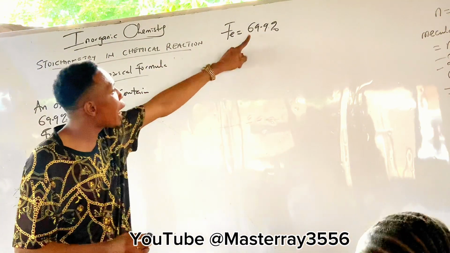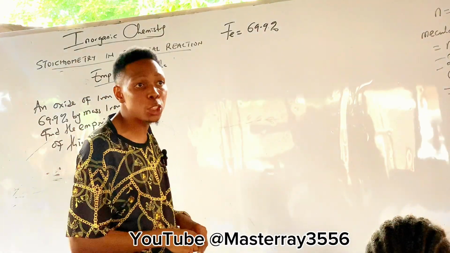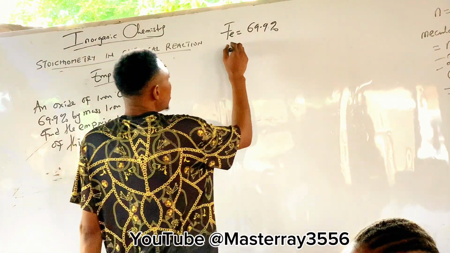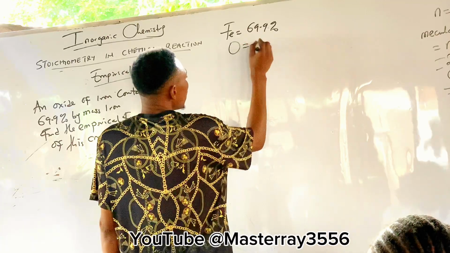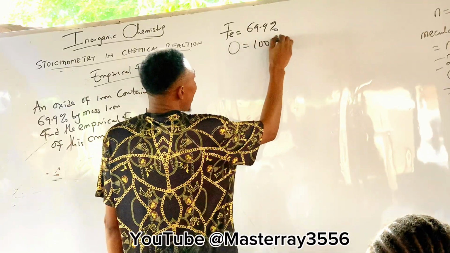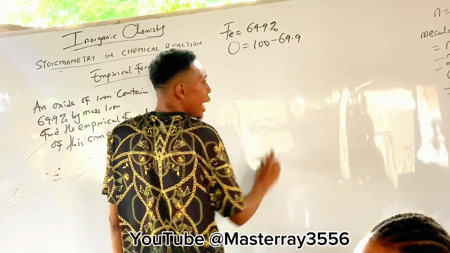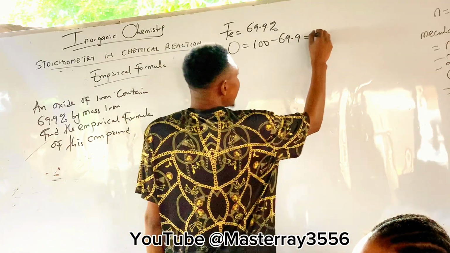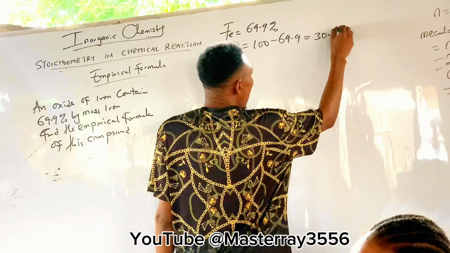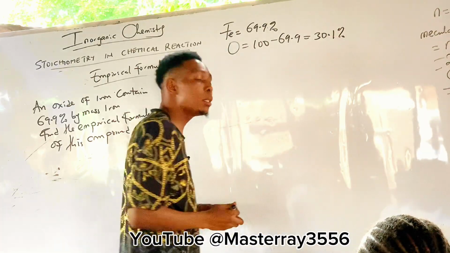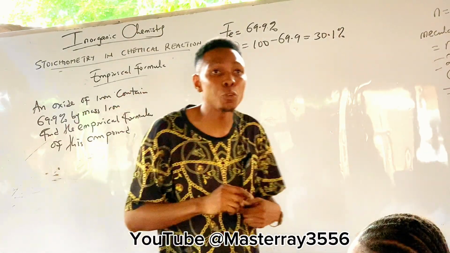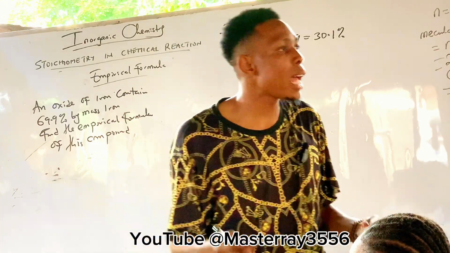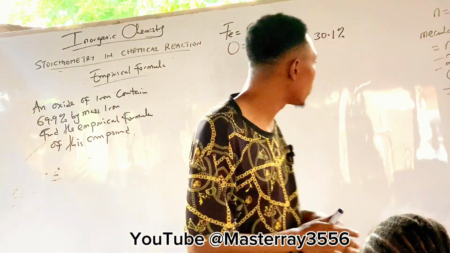Now, you subtract this from 100 to get the oxygen, right? And oxygen will be equal to 100 minus 69.9. Are you following? So what are you going to have? That is 30.1%. So we've gotten the percent of iron and the percent of oxygen. So with that, can I go ahead and calculate?